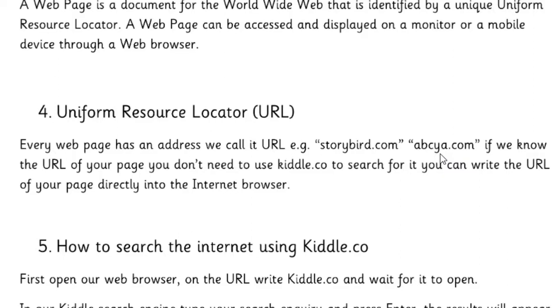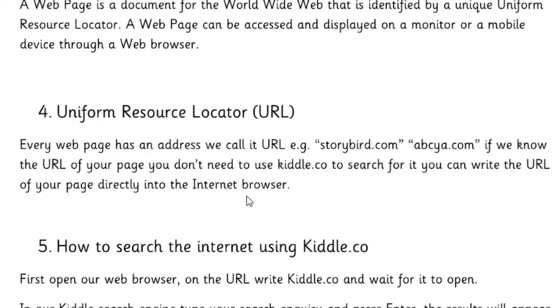It's also a URL, which stands for Uniform Resource Locator. If we know the URL of a web page, you don't need to use Kiddle.co or Google.com to search for it. You can write the URL of your page directly into the internet browser.